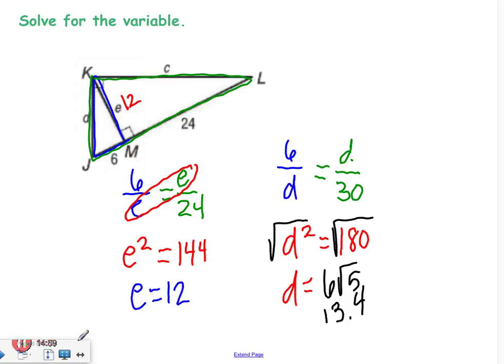And our last one we have to find is C. I'm going to have to use the big triangle and then the small triangle on the right side. So what's a proportion I can write to find C?